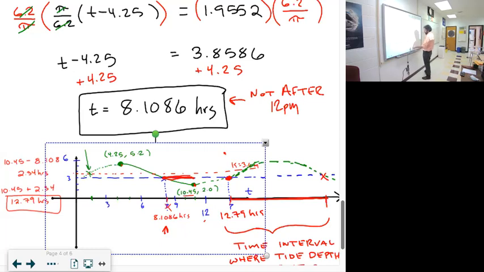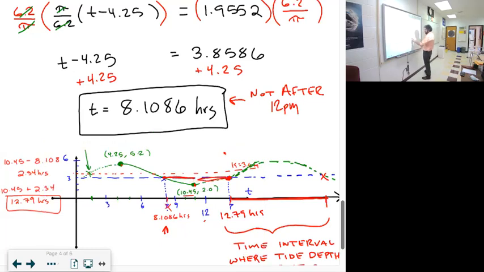And once I have that value, I can add it to 10.45, and that'll give me my point of intersection right there. 10.45 minus 8.108 gives me 2.34 hours, which is this measurement. Then I'm going to add that to the 10.45 hours so I can find this point. That's the math right there. So it gives me about 12.79 hours.